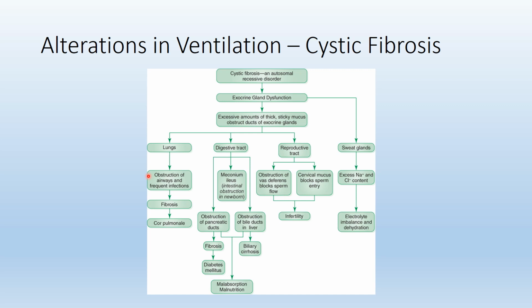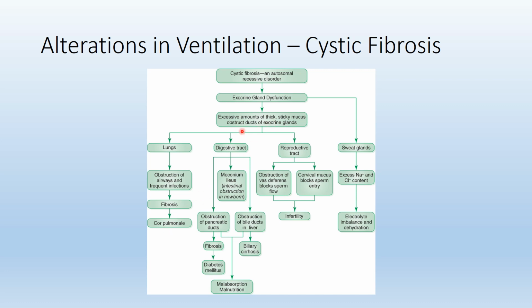This allows for potentially frequent bacterial infections, which can lead to fibrosis of the lung, and then you get cor pulmonale, which involves effects on the right ventricle. So it's going to be structural changes, and maybe right ventricular hypertrophy. This could potentially lead to right-sided heart failure.